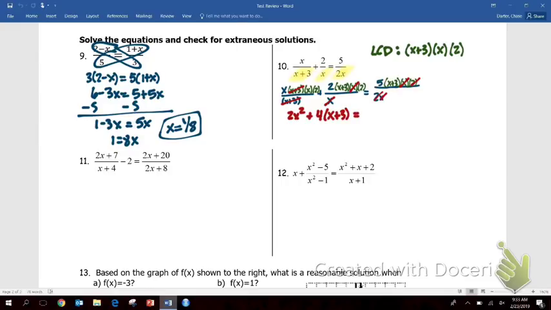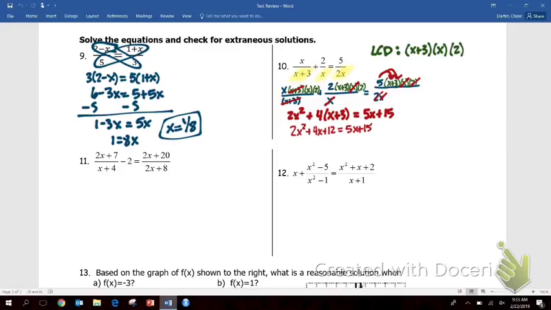And then over here, I'm just going to go ahead and distribute the 5. So I have 5x plus 15. Then I need to distribute my 4.